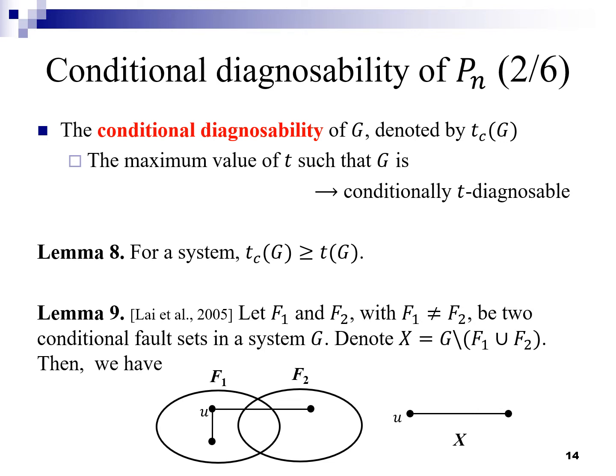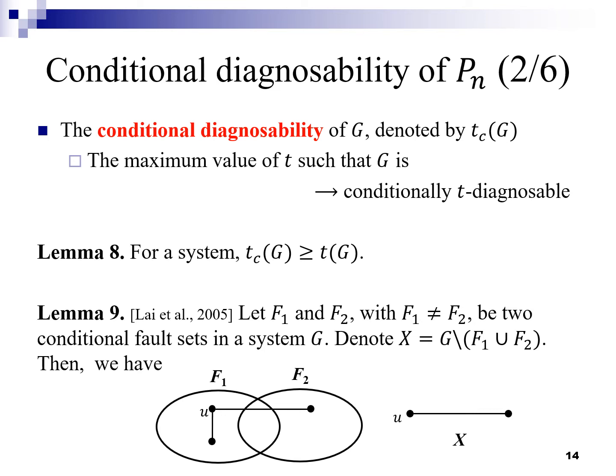which we call the conditional diagnosability of G, which is denoted by tC of G, which is defined to be the maximum value of t such that a graph G is conditionally t-diagnosable.